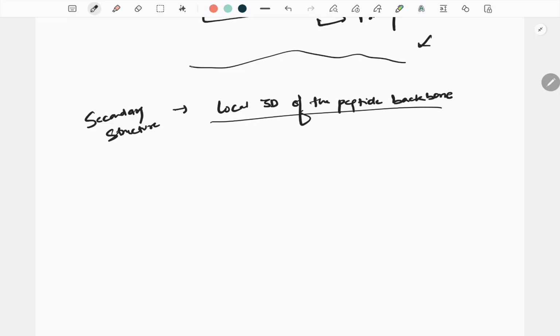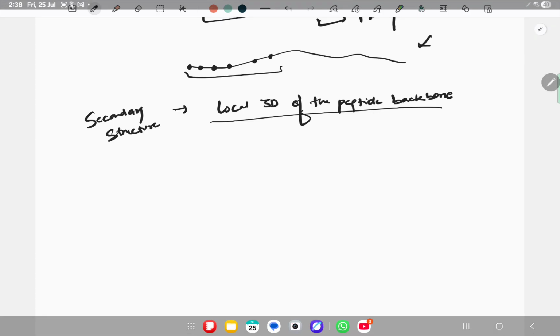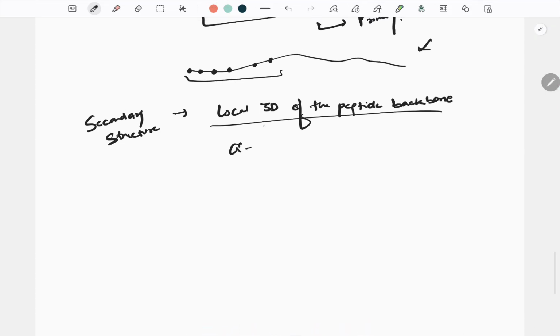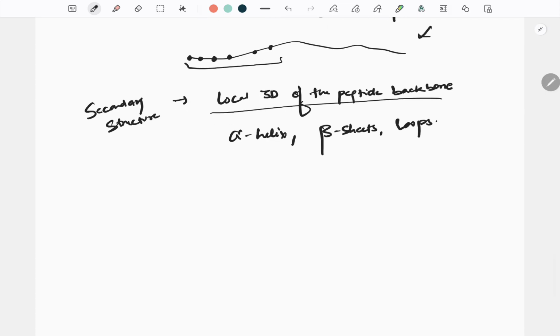Okay, so for example, this is one amino acid, this is another, this is another, right? And likewise. So what happens is, these amino acids are going to form something that are usually in the form of alpha helix or the beta sheets. I'm going to explain what the alpha helix, beta sheets, and loops are in an upcoming lecture, but for now just understand.